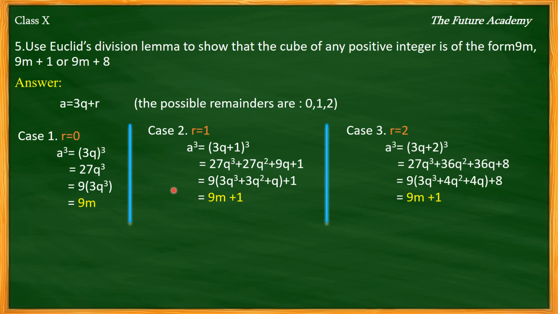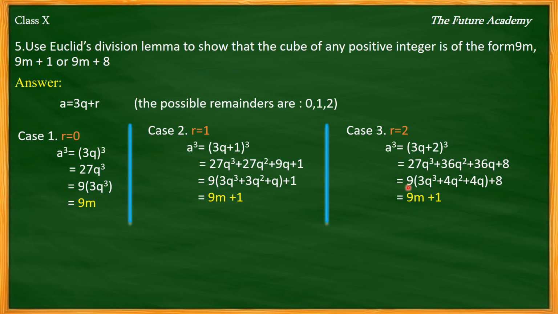Case 3. If r is equal to 2, then a will become 3q plus 2. If we are cubing on both the sides, we get a cube is equal to 3q plus 2 whole cube. Now we get 27q cube plus 54q square plus 36q plus 8. From these three terms, we can take 9 as common.